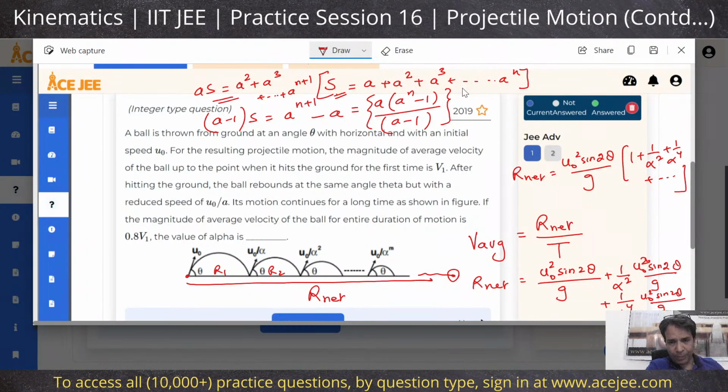a is 1 by alpha square, right? And I should have taken that 1 plus. In that case, if I write 1 plus a square, then what will it be?